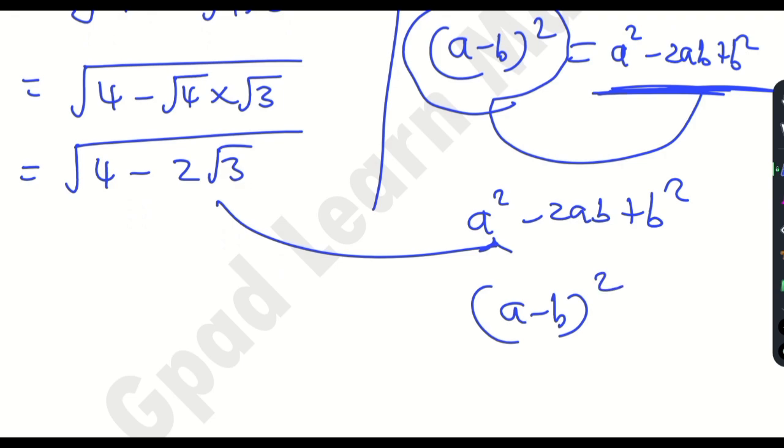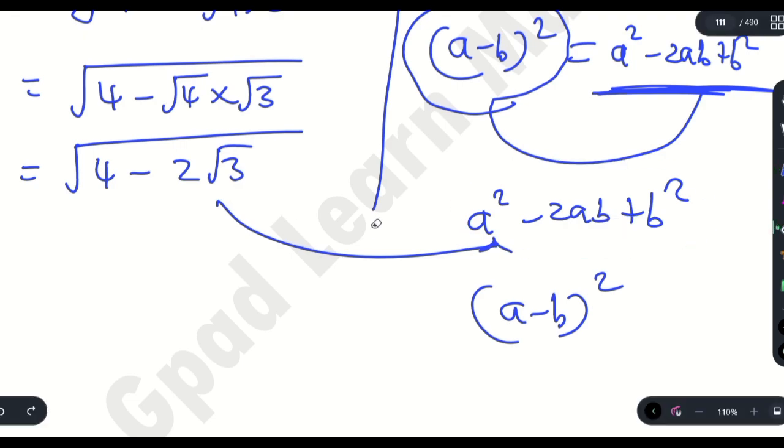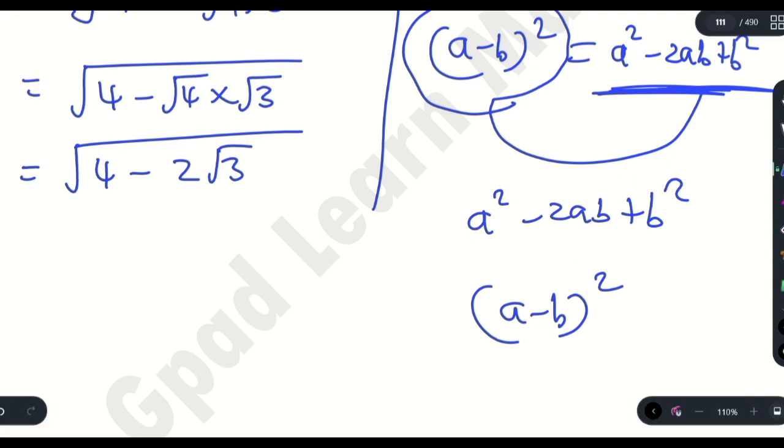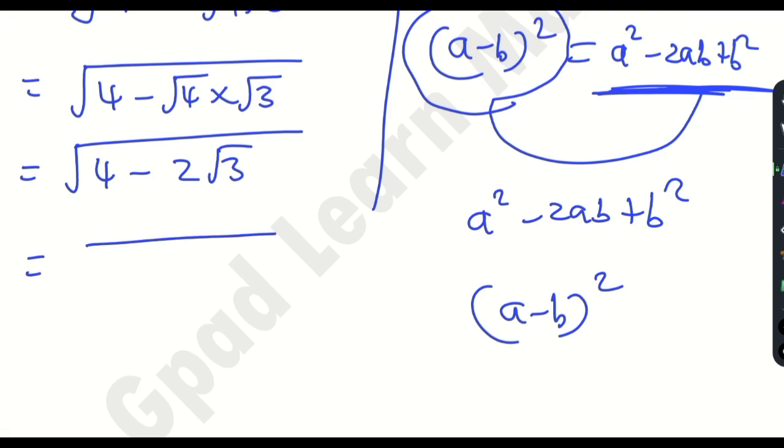Now watch what's going to happen if I try to make 4 minus 2 root 3 become of this form. How do we even start doing that? First of all, let me rewrite 4 as 3 plus 1. I'll tell you why shortly. So this is going to be the square root of 3 plus 1 minus 2 root 3.